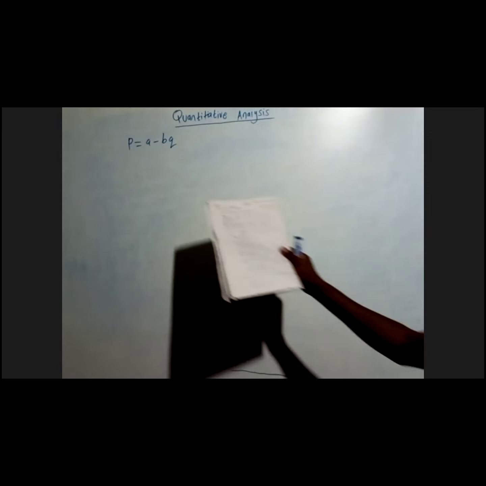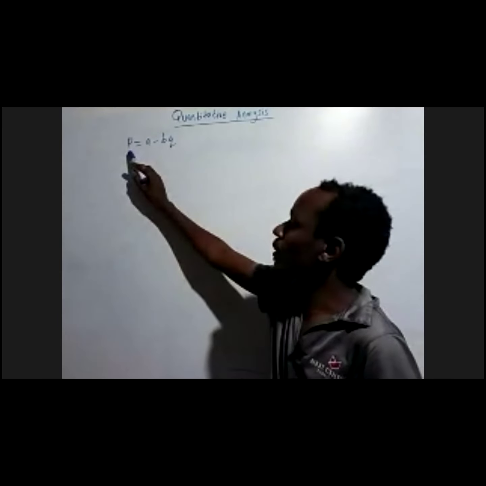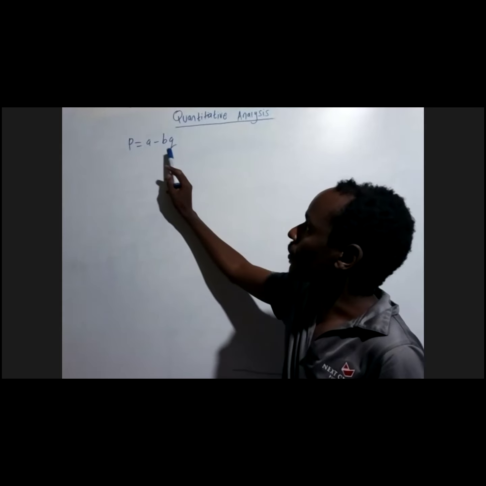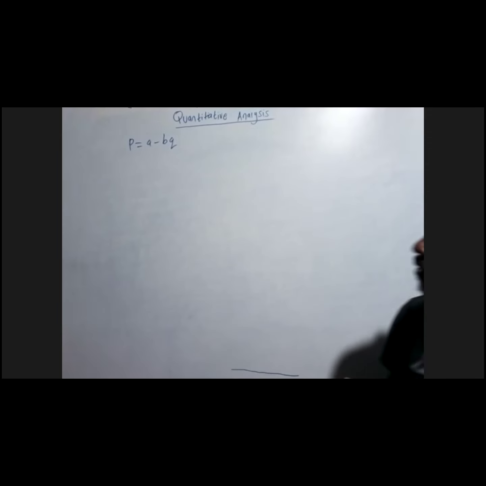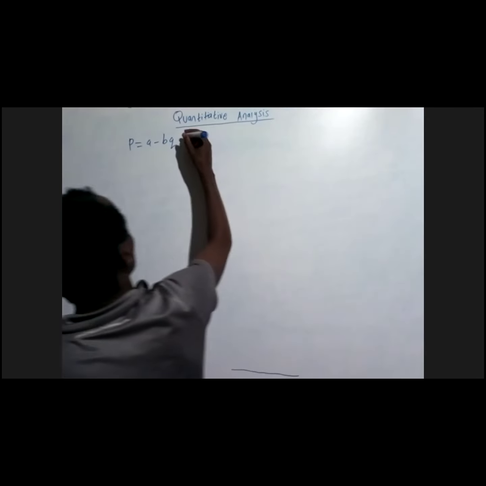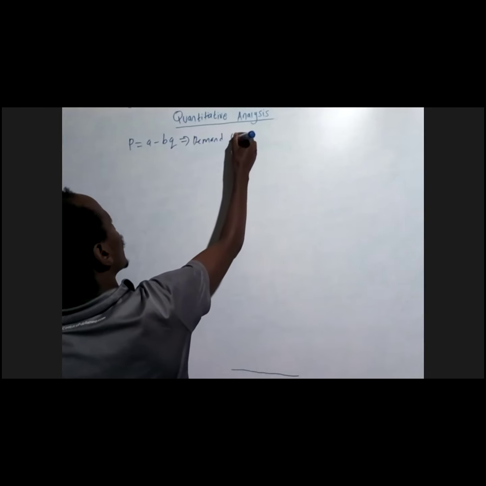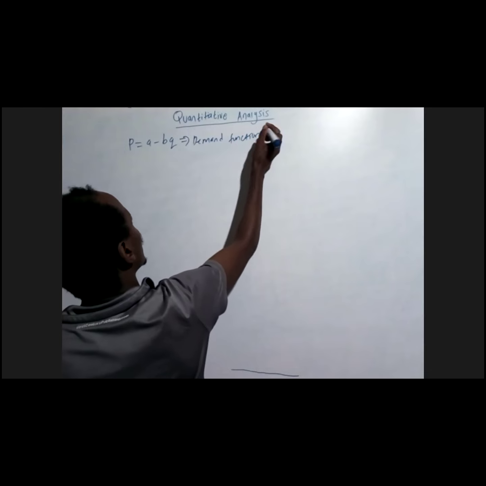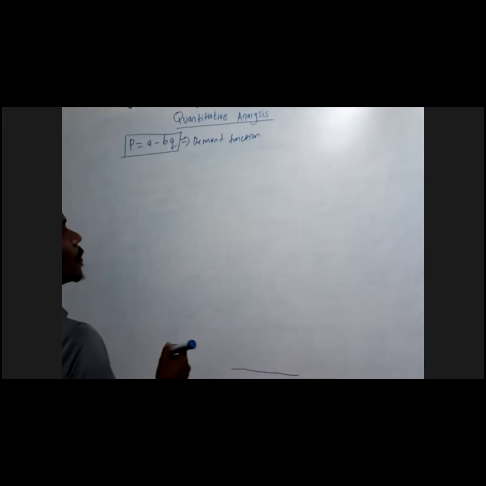But I wanted to tell you that when we talk about a demand function, P is the price, A and B are constants, and Q is the quantity. This forms our demand function, the general format of a demand.